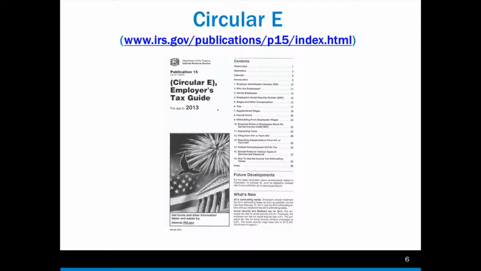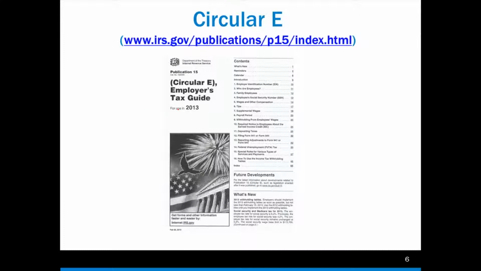Even though I'm showing you this, realize that we're going to be paying attention to the information that's in the text. Rates change, limits change, and it's just a pain to try to keep up with it, because things can happen at different times of year. You can have rate changes on December 28th.